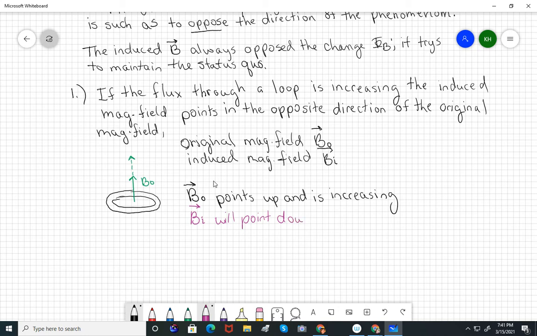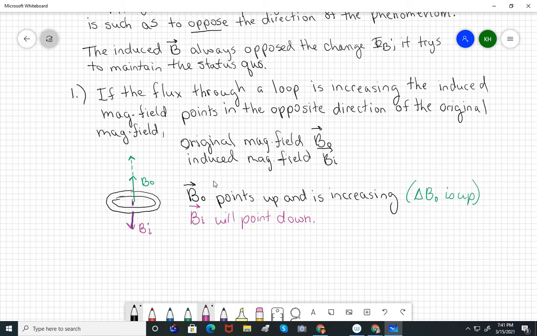Now I want to be very clear. It doesn't point down because the original magnetic field points up. It points down because the change in B is up. That means the change in the original is up. Therefore, the induced will point down. So I want this one to point down.